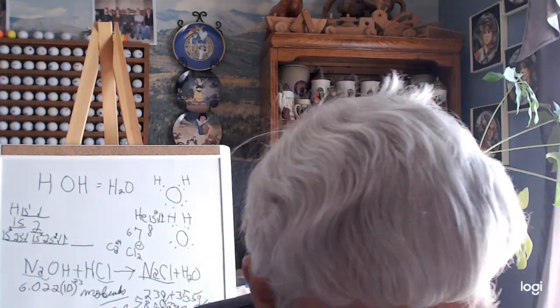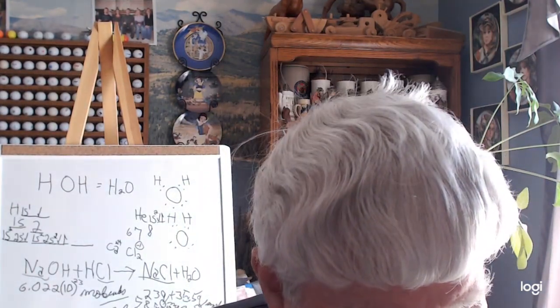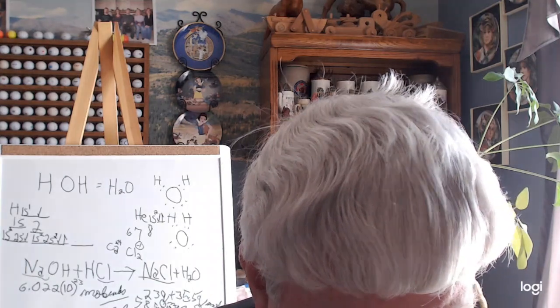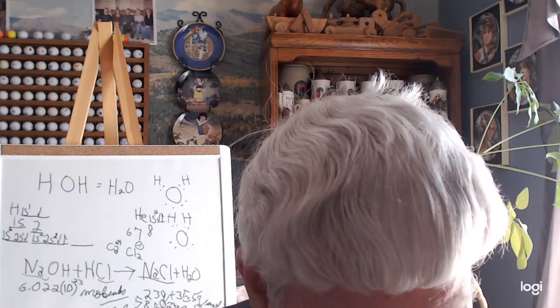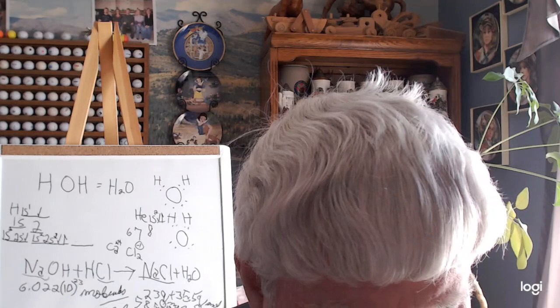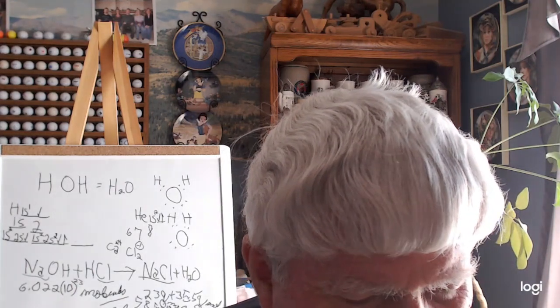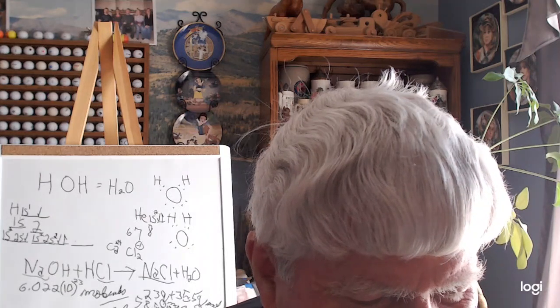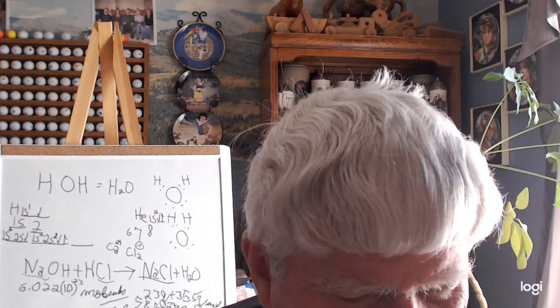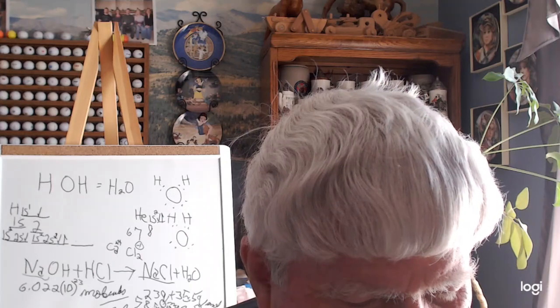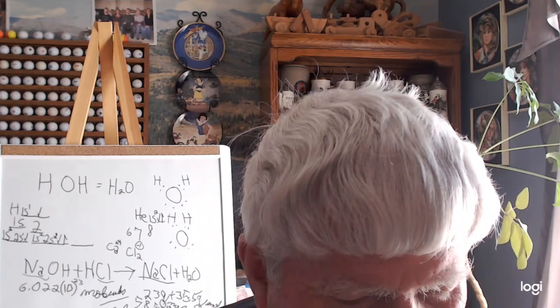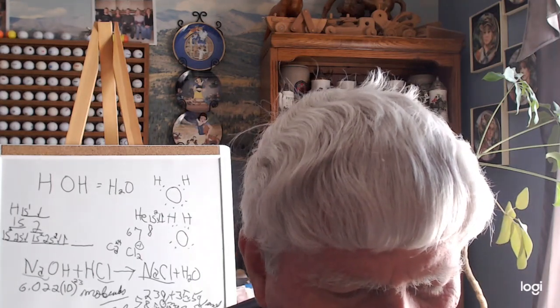All right, what else? It covers the mole concept, equations, balancing. You just get to spend the time going over them. Let's talk about acids. The acids that you will deal with pretty much are hydrochloric, sulfuric, and glacial acetic.